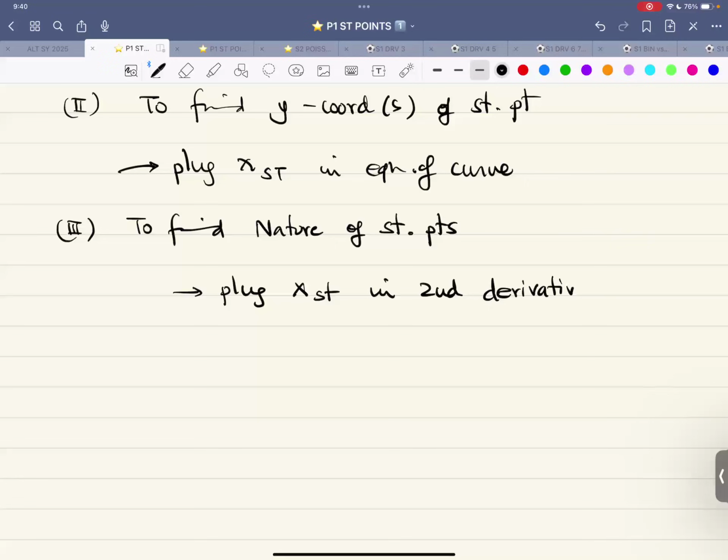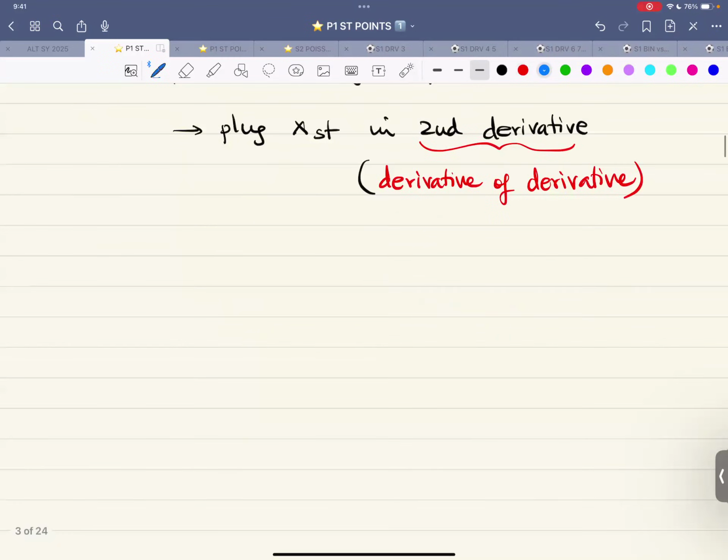What do we mean by second derivative? That means derivative of derivative. Second derivative means derivative of derivative, and of course, I'll do some examples. And there are three possible options.